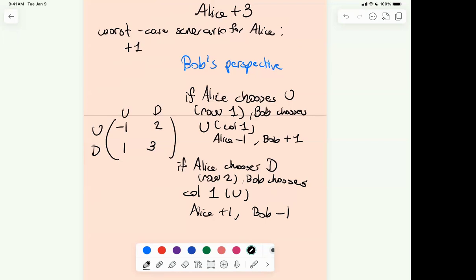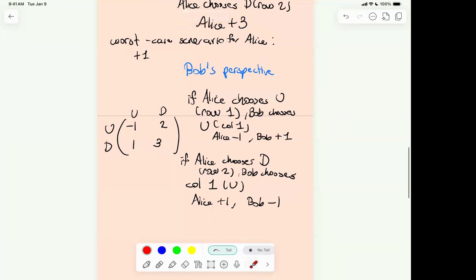So far so good. Is that making sense? How are we doing? Being rational, you would just ask, what's my risk here? What is my worst case perspective if I'm Bob? That's why I'm also putting things from Bob's perspective, to make it clearer. The worst case scenario for Bob is this one, because in this scenario he lost $1. In the other one he would have gained.